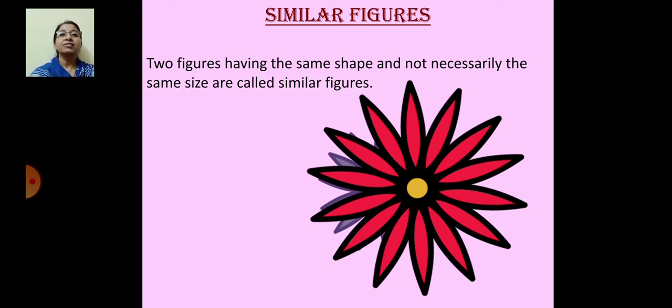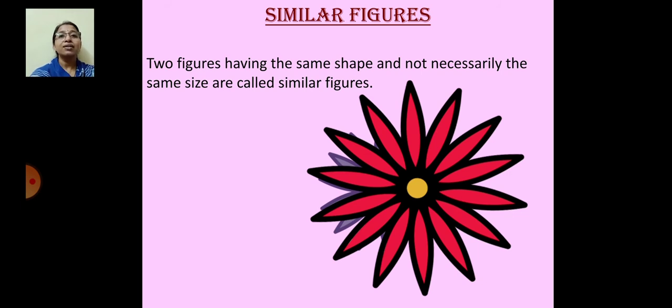Even in construction, before constructing any building, what do engineers do? First, they draft the blueprint of that construction by taking a suitable scale, so that the drafted design and the actual building are an example of similar figures, right?